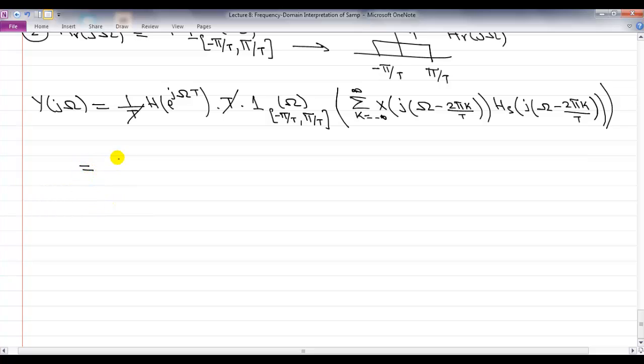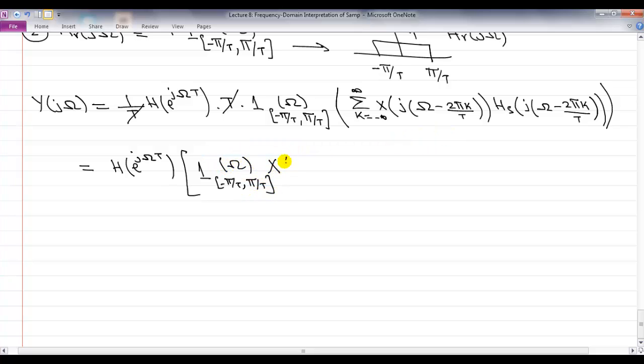So at k equal to 0, I get H of e to the j omega T times one indicator function from minus pi by T to pi by T of omega.